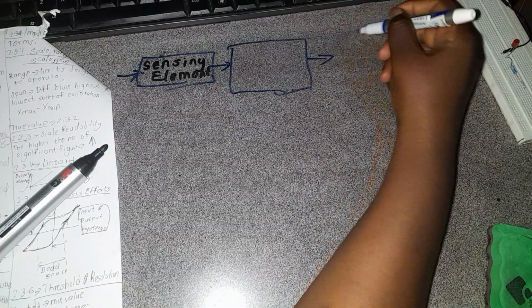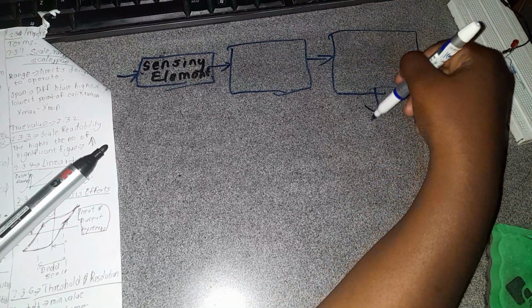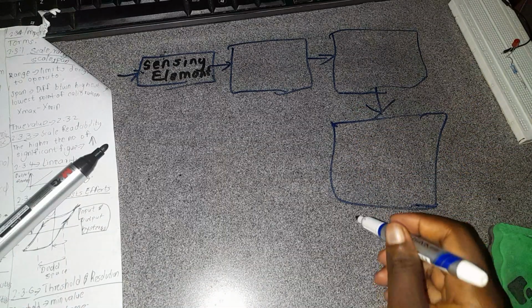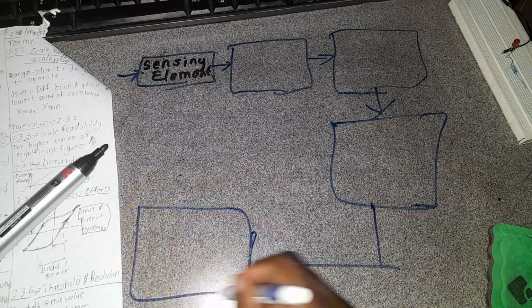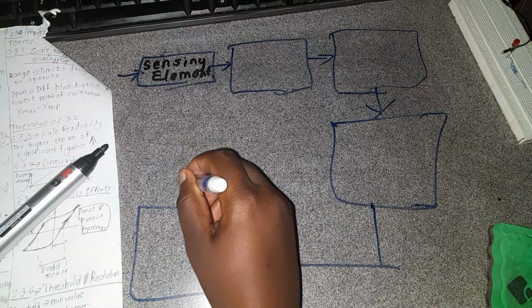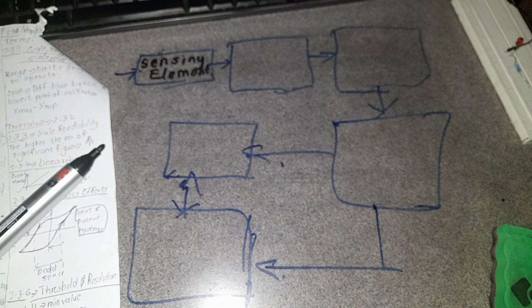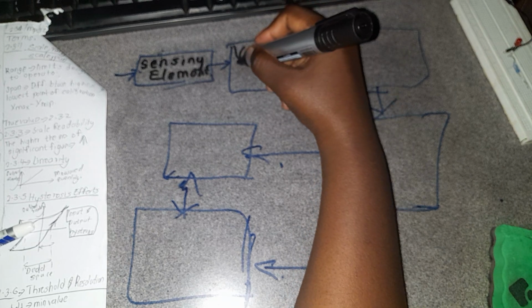The sensing element will go to the variable conversion element, then the variable manipulation element, then the data transmission element. So think about it: we already have our sensing element, and then we'll have our variable conversion element.